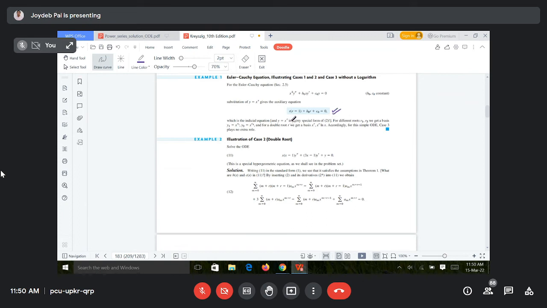Now tell me, this initial equation and the auxiliary equation you solved in first semester, are they not the same? Think in that way, the auxiliary equation. What is the auxiliary equation for that Euler-Cauchy?